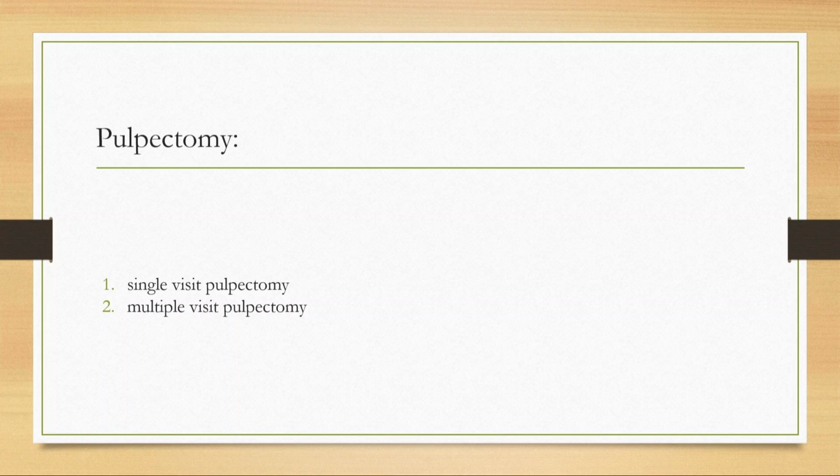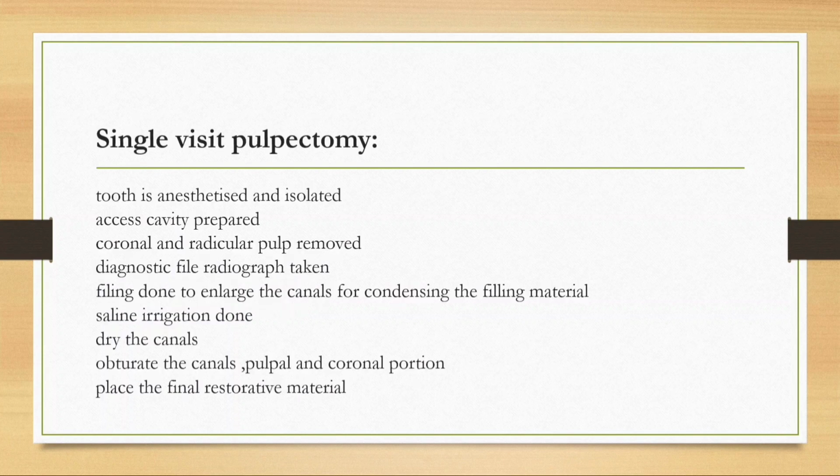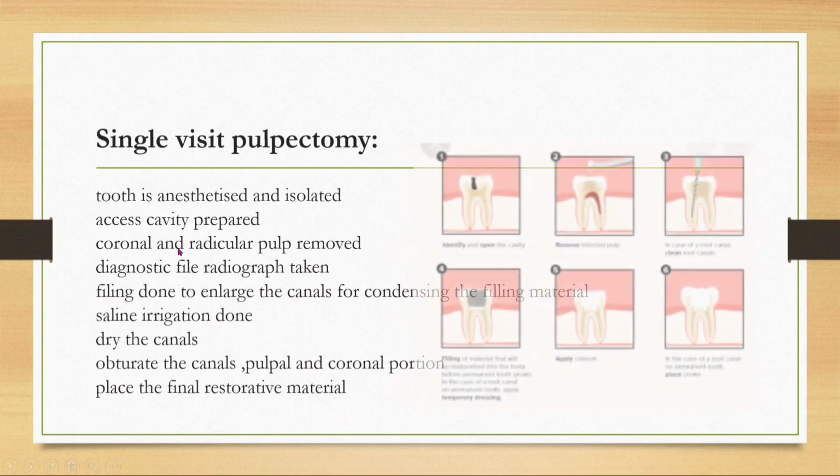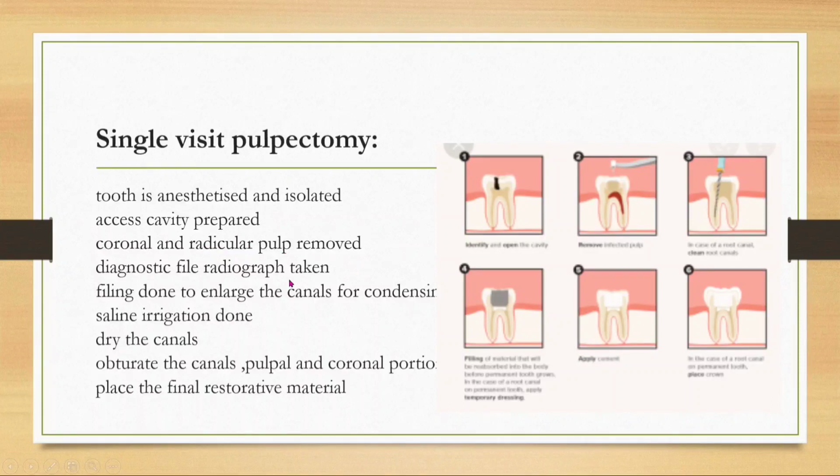Next we have pulpectomy. So we have two types of pulpectomy, that is single visit and multiple visit. In pulpectomy we remove the entire pulp. So in single visit pulpectomy, the procedure is: first anesthetize and isolate, the access cavity is prepared, coronal and radicular pulp is removed, then using a file we take an IOPA, then filing is done to enlarge the canals for condensing the filling material, then saline irrigation is done, then drying the canal, obturate the canal, and place the final restorative material in the pulpal and coronal portion.